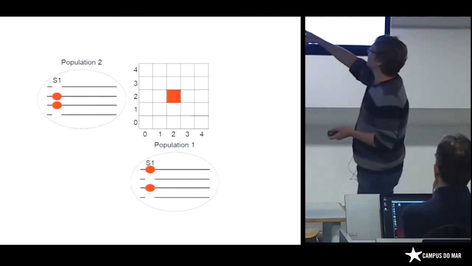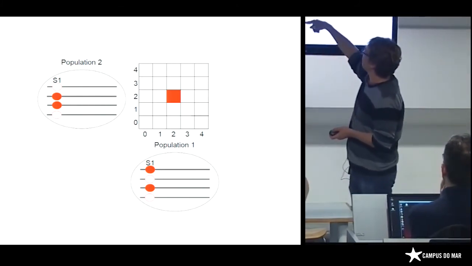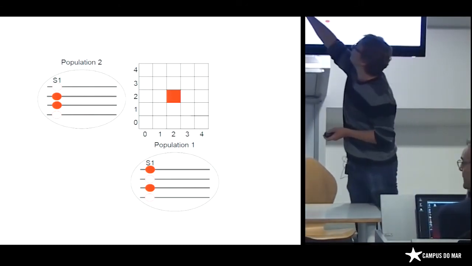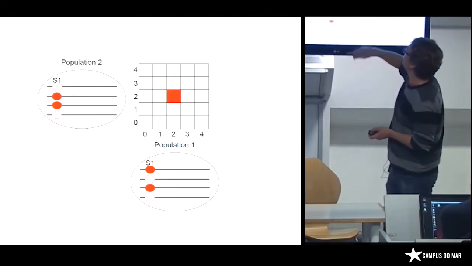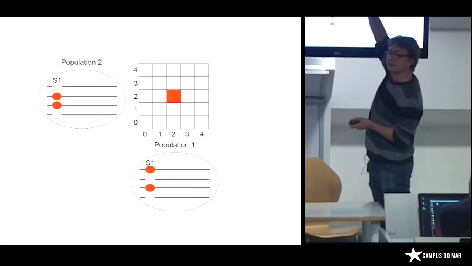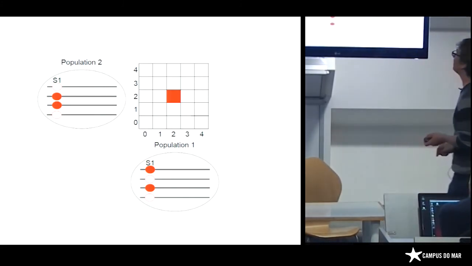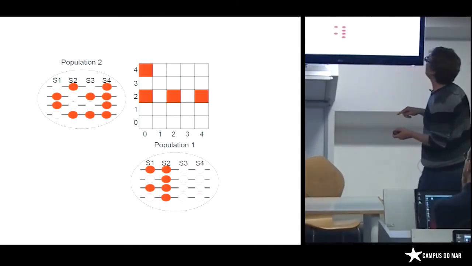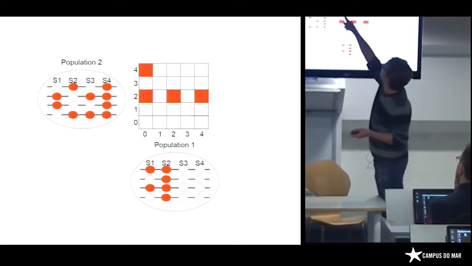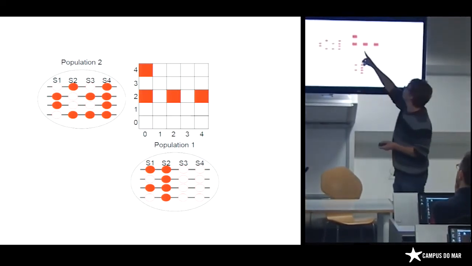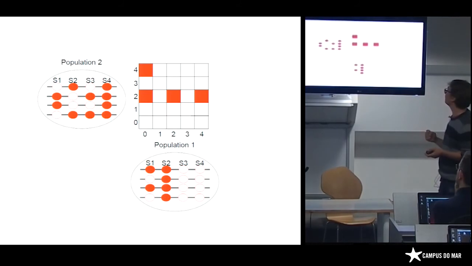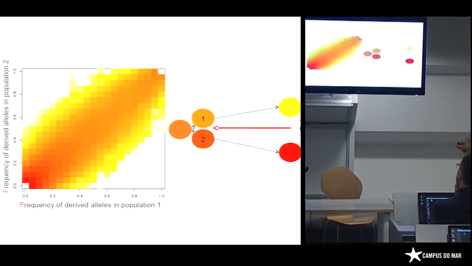So if we use this first SNP, the frequency is 2/4 in population 1 and 2/4 in population 2. So this SNP is in this cell of the joint SFS. This one is in this cell, and you have fixed differences in the corner here or here, depending on where the derived allele is fixed. Okay. So this is a representation of the joint SFS.